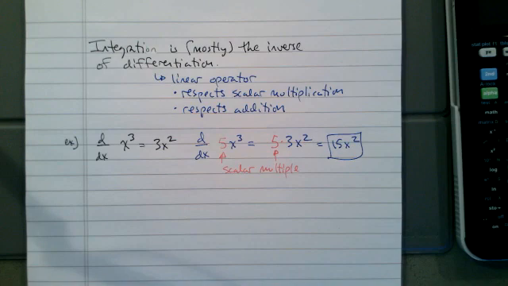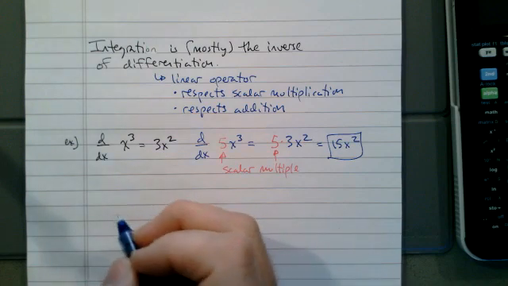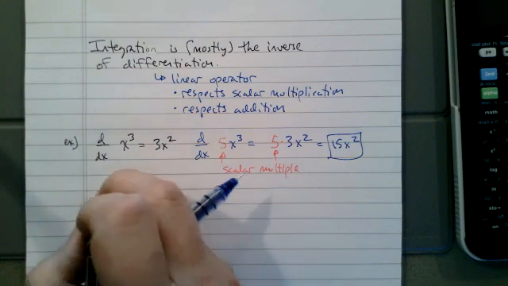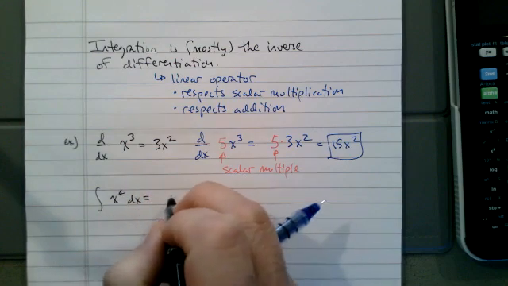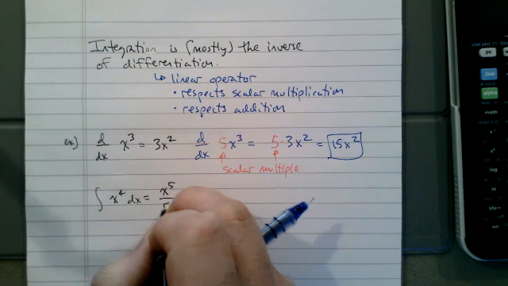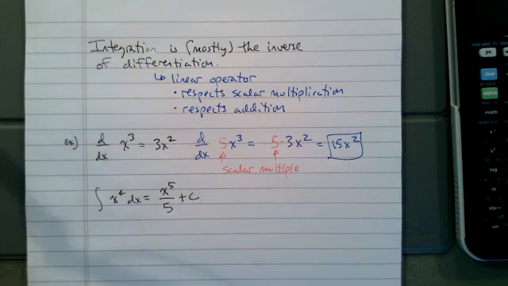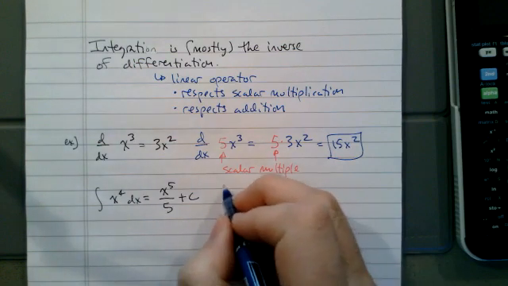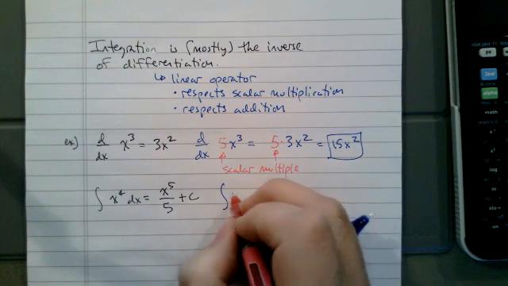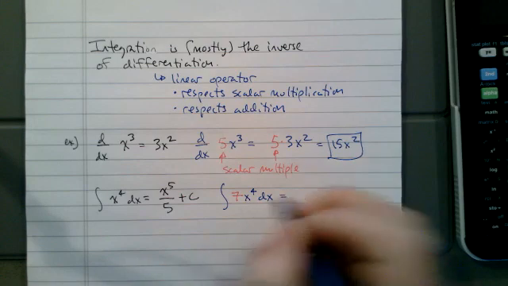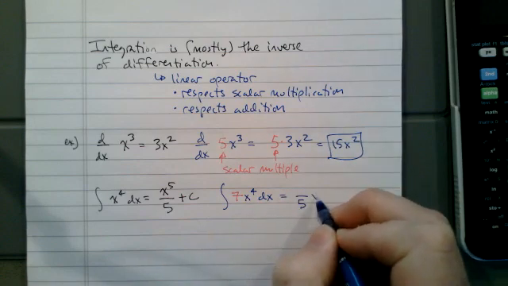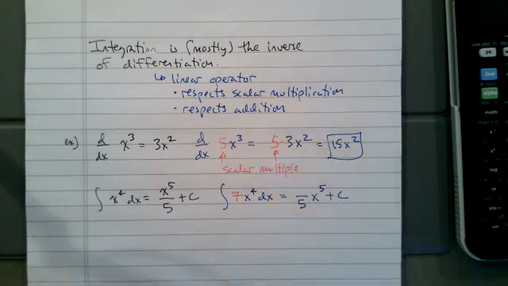This means that if we know that the integral of x to the fourth dx is add 1 to the exponent and divide by the new exponent, and then put plus c, and if we have a scalar multiple of the x to the fourth, like let's say 7x to the fourth dx, we add 1 to the exponent and divide by the new exponent and put plus c, and the scalar multiple just gets carried along.